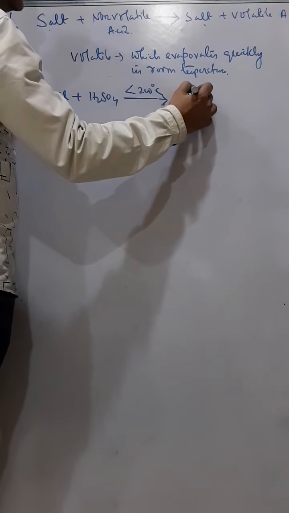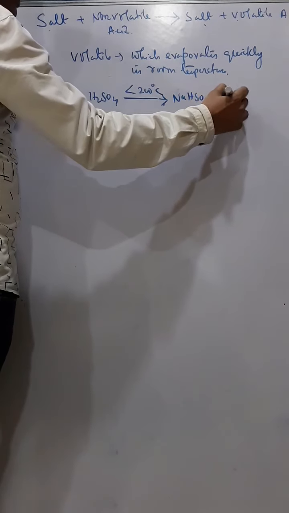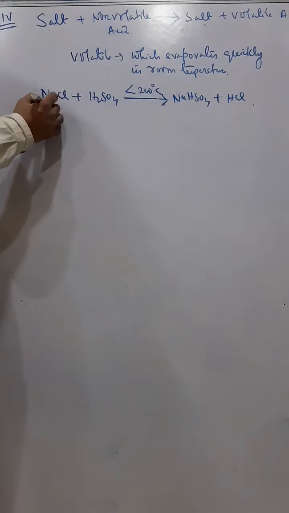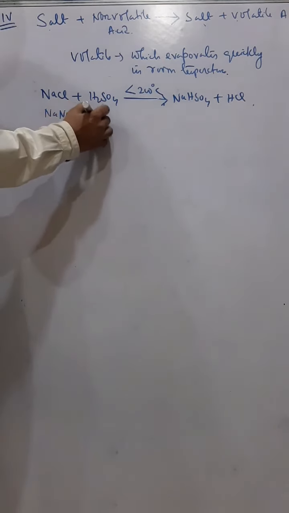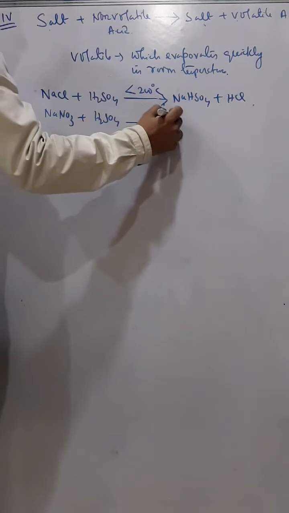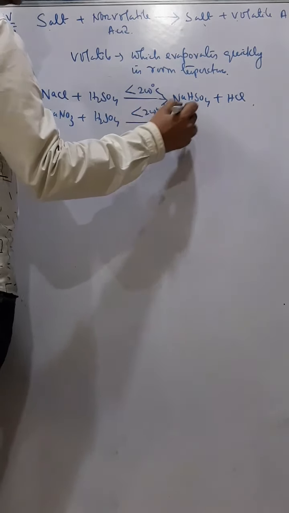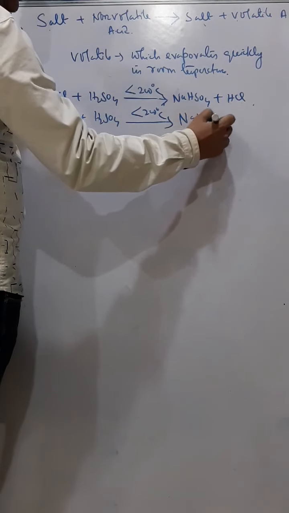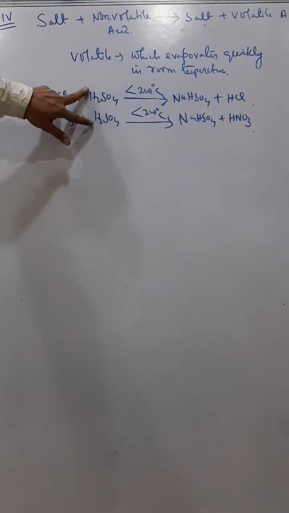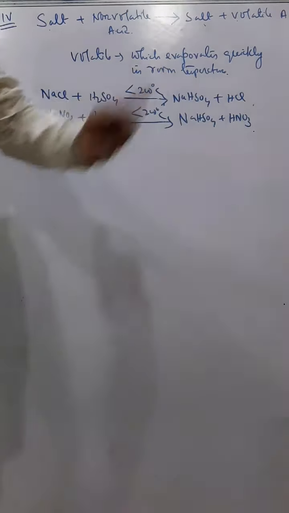We get NaHSO4 and HCl. Similarly, instead of NaCl, if I take NaNO3 and H2SO4 at 200 degrees Celsius, here also I get NaHSO4 plus HNO3. So you can understand we have used sulfuric acid. From sulfuric acid we have prepared hydrochloric acid and nitric acid.